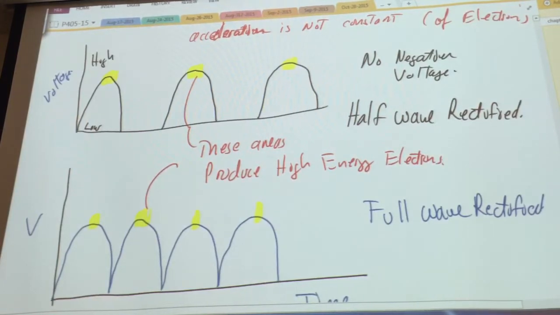If those areas produce high energy electrons, what do the other areas produce? Low energy electrons. So all of this is low energy electrons.